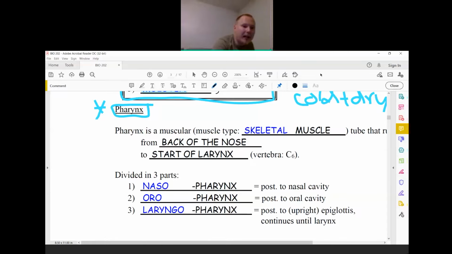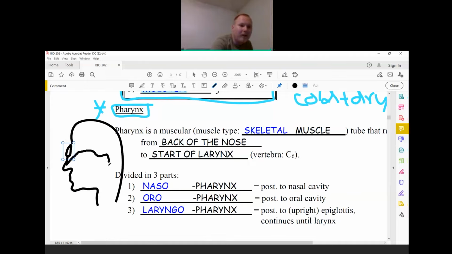Again, I'm drawing a quick diagram here: the nose, mouth, jaw, rest of the head, a nasal cavity here, floor of the nasal cavity, palate, oral cavity. What I wanted to do was separate the three parts that form the pharynx.